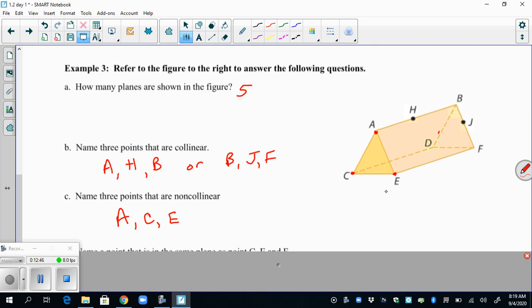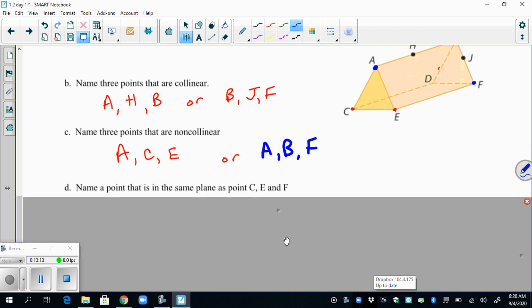Those are not on the same line. Another example, how about A, B, F. Okay, those 3 are not on the same line.